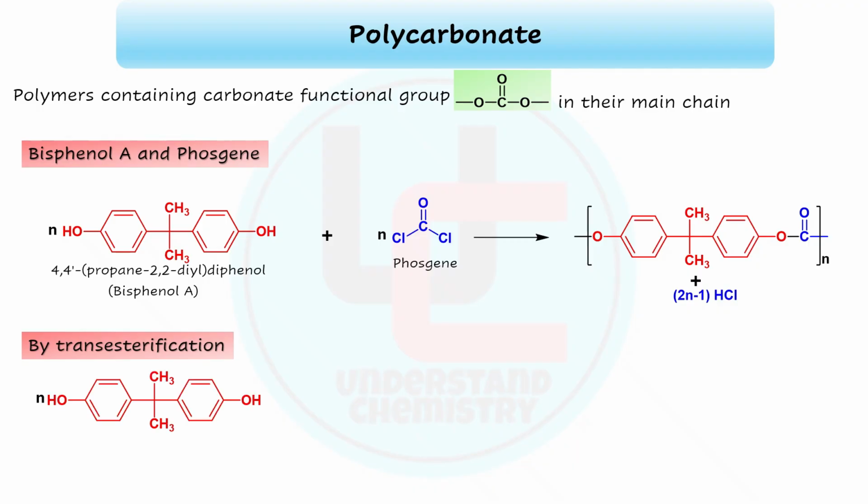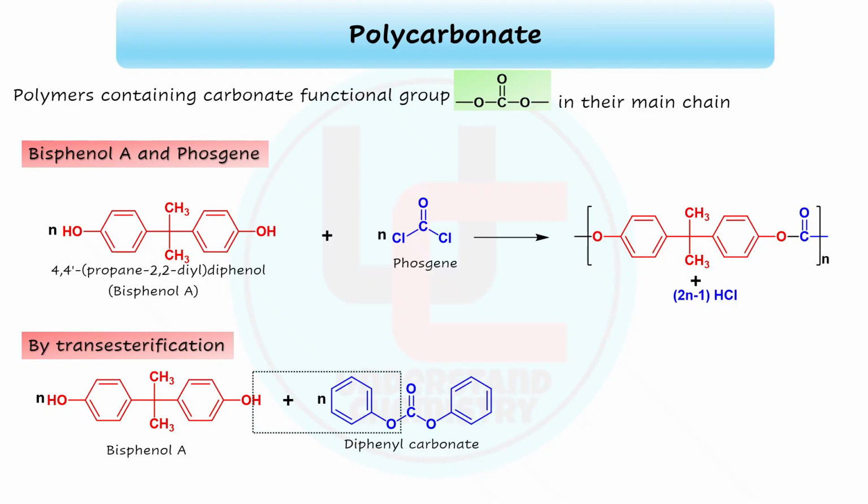Another way of obtaining polycarbonate is trans-esterification of bisphenol A and diphenyl carbonate. This route is considered more environmentally friendly. In this process, diphenyl carbonate acts as the carbonate source. The hydroxyl group of the bisphenol A performs a nucleophilic attack on the carbonyl carbon of diphenyl carbonate, resulting in the exchange of ester group.